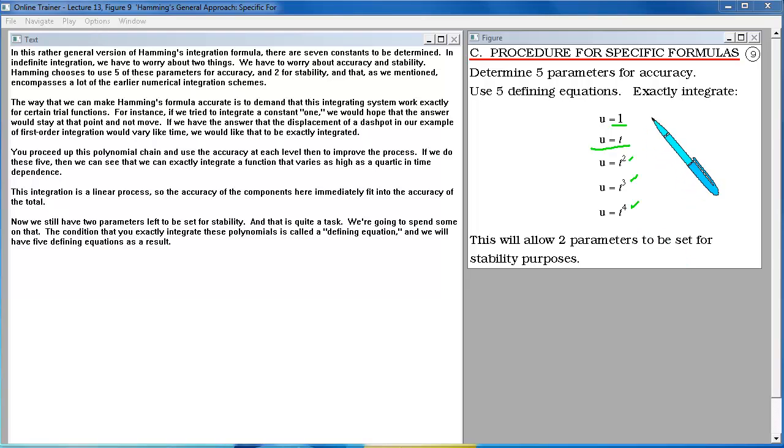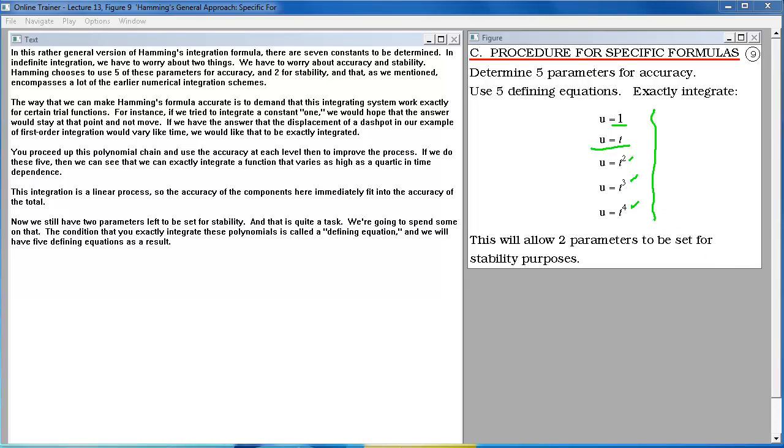If we do these 5, then we can see that we can exactly integrate a function that varies as high as a quartic in time dependence. This integration is a linear process, and so the accuracy of the components here immediately fit into the accuracy of the total.